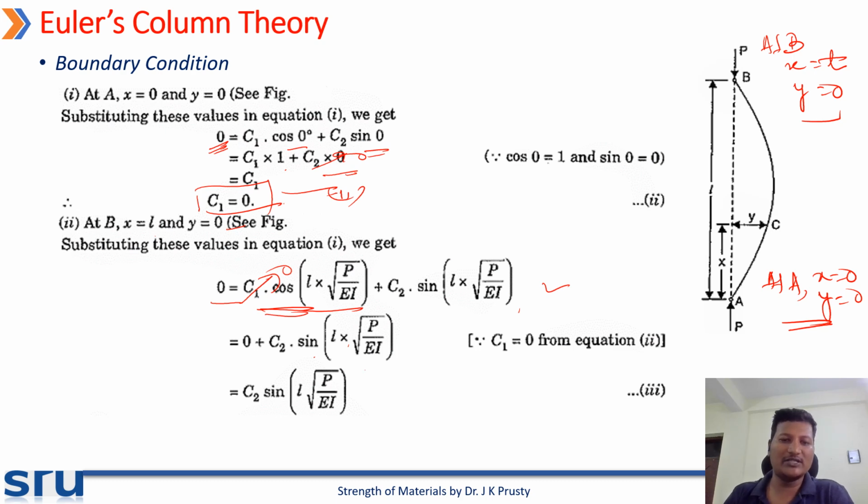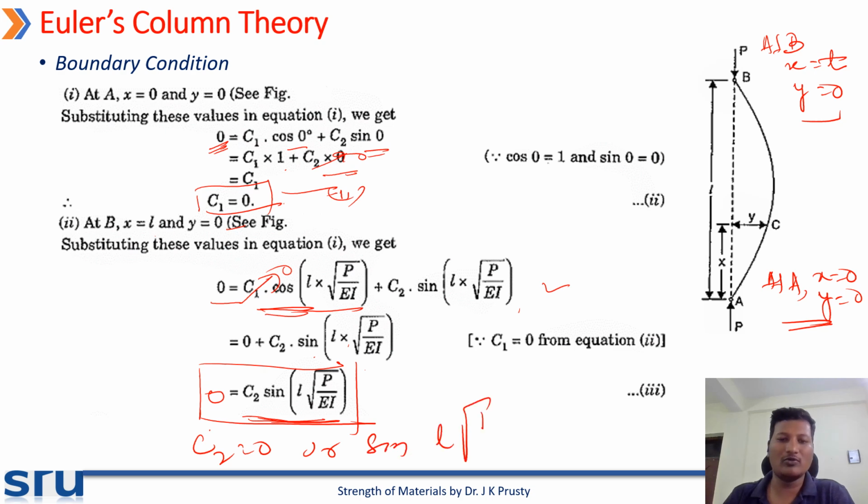So now C2 sin L into root over P by EI is equal to 0. From here we can see either C2 is equal to 0, or sin L into root over P by EI is equal to 0.